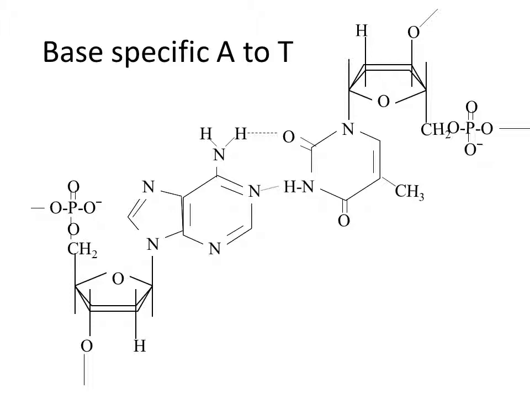So there are two hydrogen bonds there, and you can see it is a pyrimidine hydrogen bonding to a purine. Notice that the chains are written, one is upside down and one is right side up. That's because the chain on the left is going 5' to 3', and the chain on the right is going 3' to 5'.